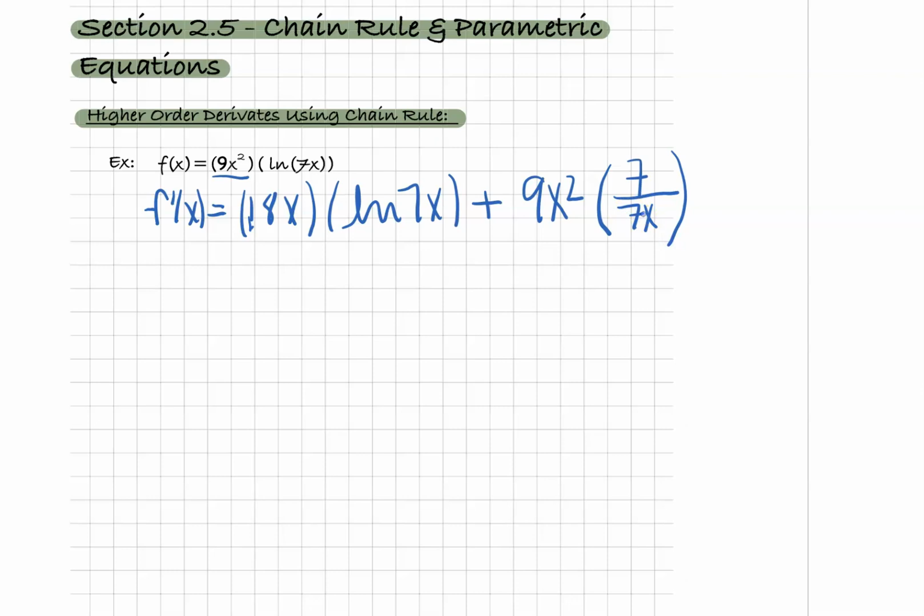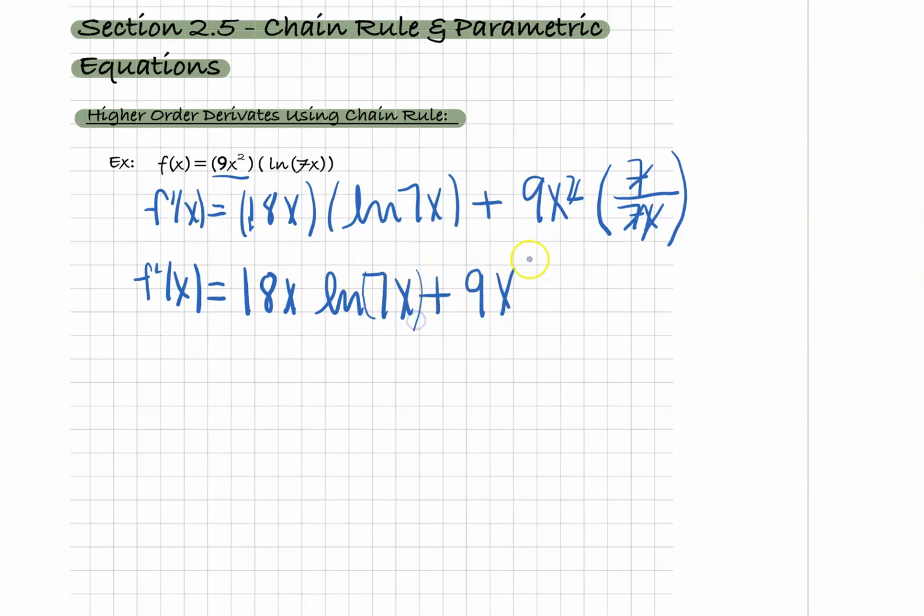This is my raw derivative, so I'm going to clean it up a little bit. This would give me 18x ln 7x plus, let's see, our 7s would cancel, our x would cancel, leaving us with a 9x. And so this would be my first derivative.